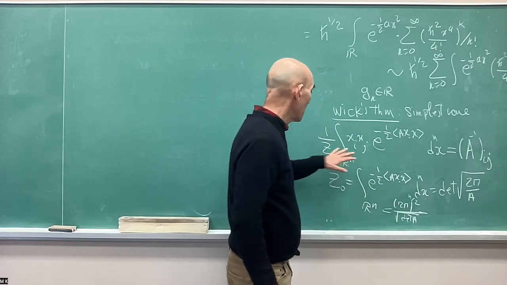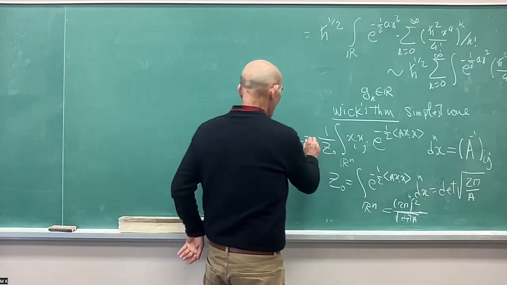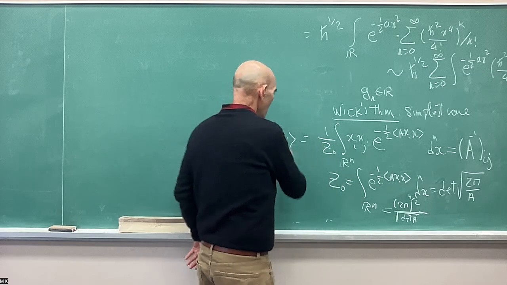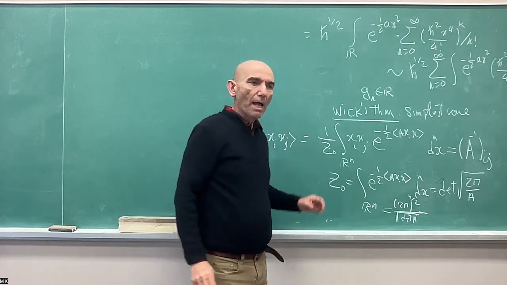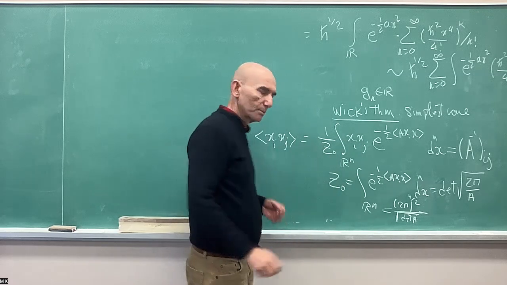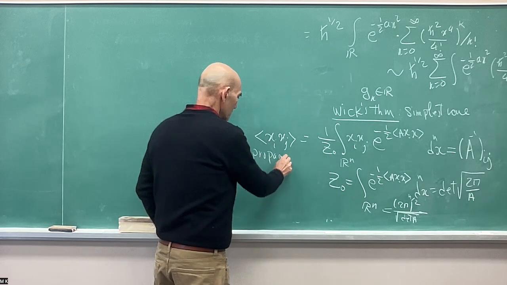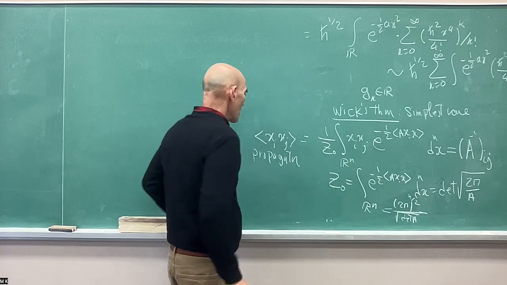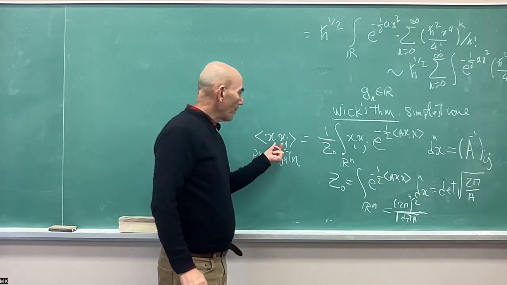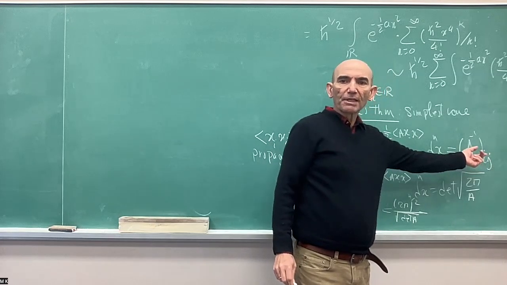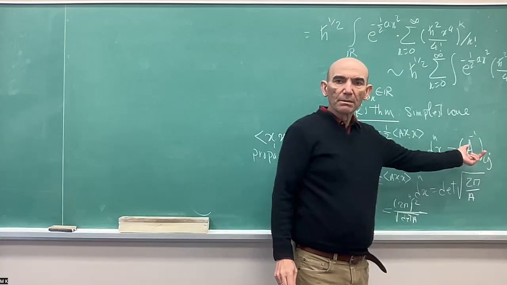And this quantity, sometimes people write it as the expectation of x_i x_j, and we call it the propagator. So this propagator is the matrix entry of the inverse of A.